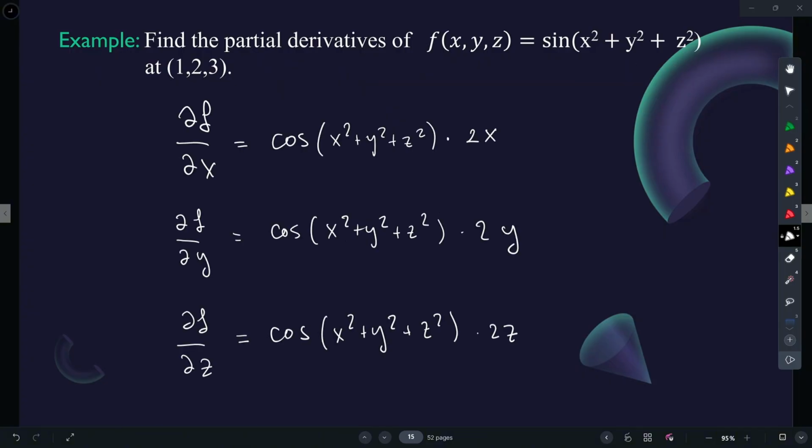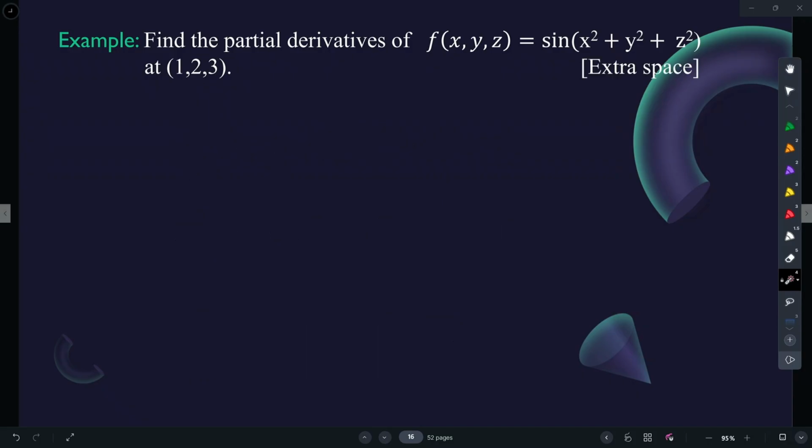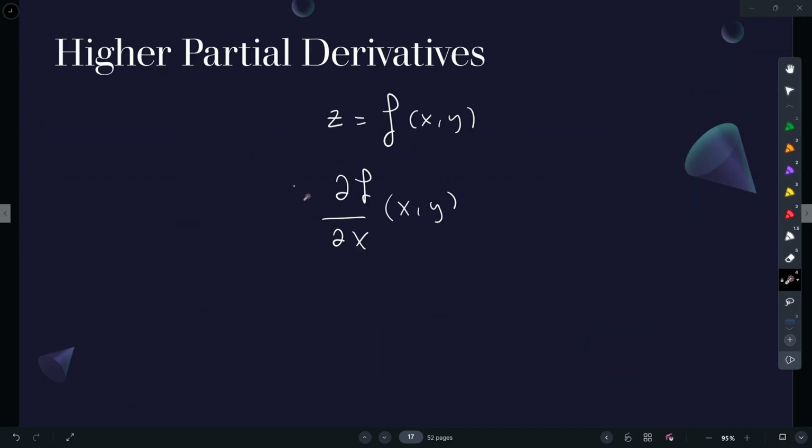Just as I said, look at these examples. This is the partial derivative with respect to x. It's still a function of x, y, and z, right? So I can hit it again with different partial derivatives in different directions. For example, I'm going to be able to take the derivative of this one with respect to y, or I could have done it with respect to x.